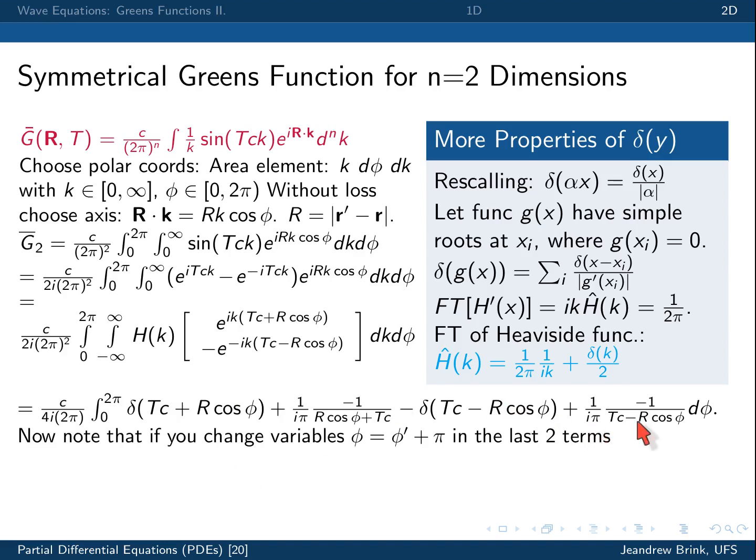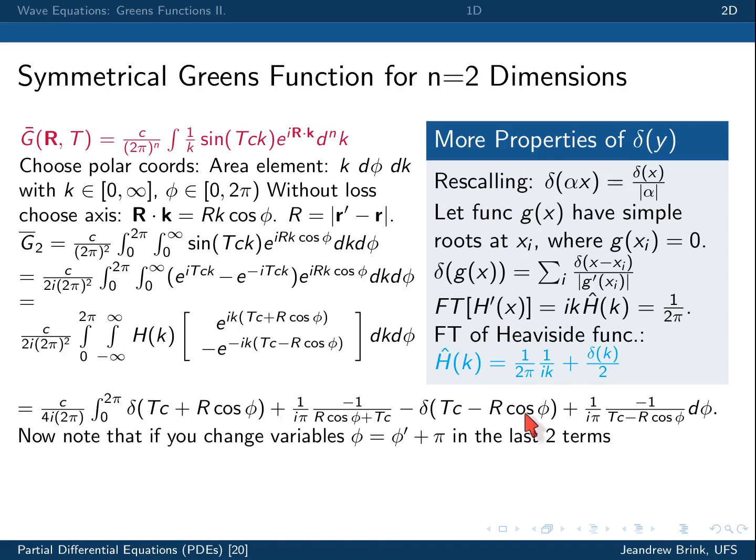And now to evaluate this, you can actually simplify it further, because we're integrating this Fourier transform, or this result, over 0 to 2 pi. Okay, and note that for these last two terms over here, if you choose a new variable, namely you set phi equal to phi prime plus pi, cos changes sign.